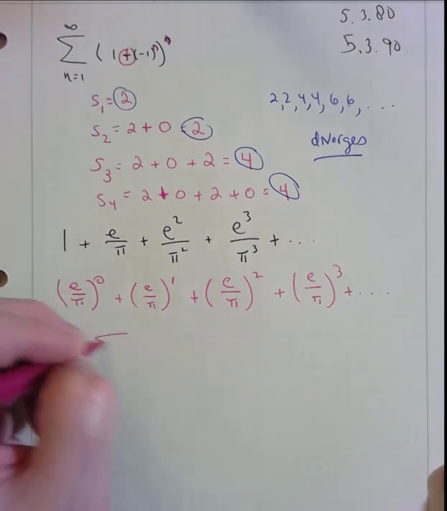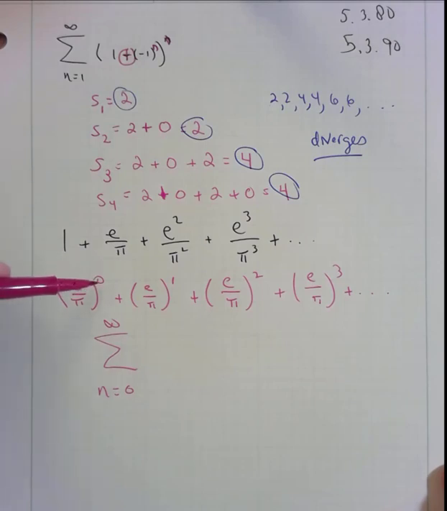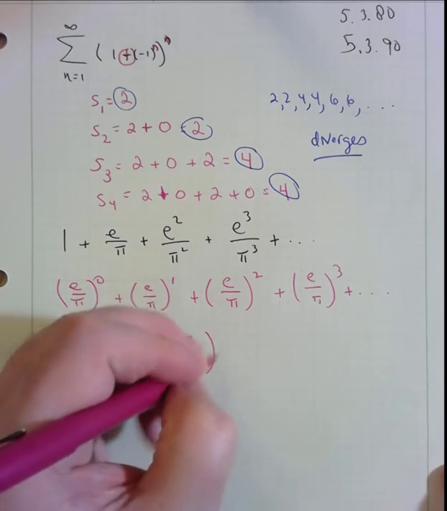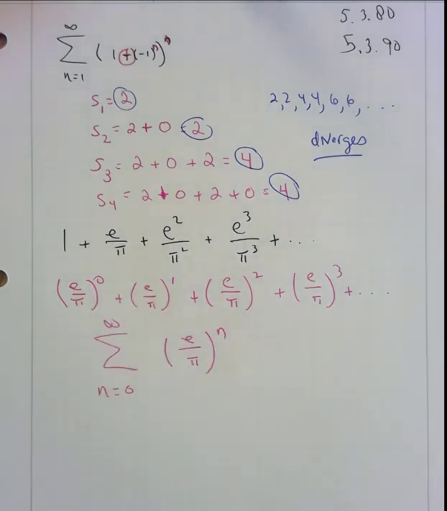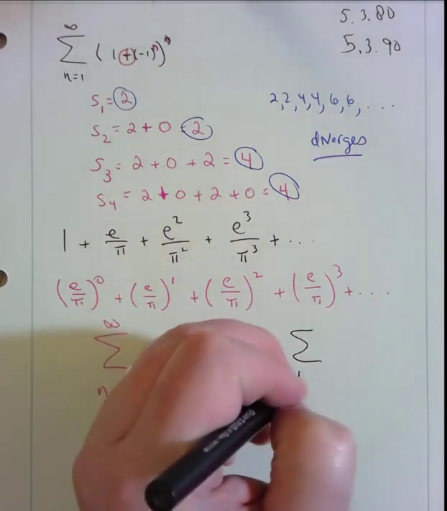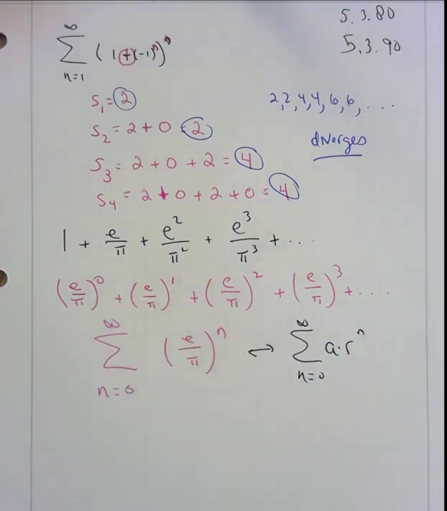We can wrap this up into a summation. Our counter is going to start at 0, and it's nicely placed as the exponent. This is going to be e over pi to the n. So the sum from n equals 0 to infinity of e over pi to the n. And now we're going to match that to the standard geometric series formula, which is the sum from 0 to infinity of a times r to the n.